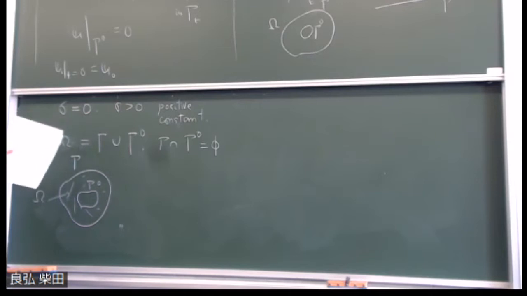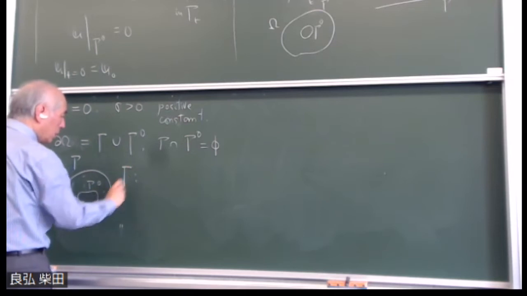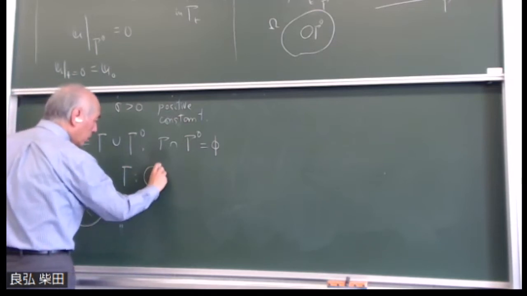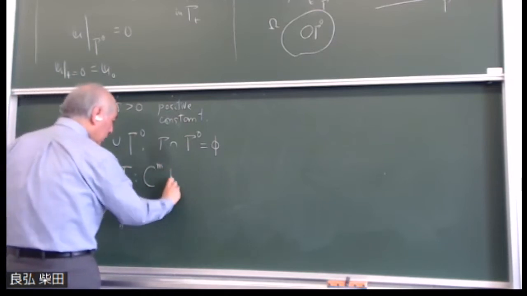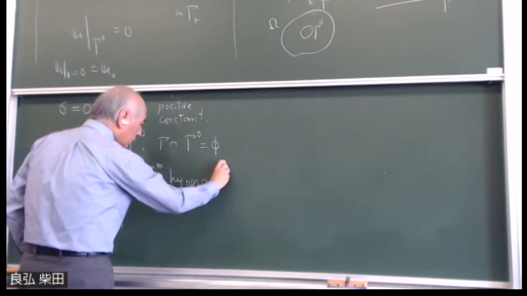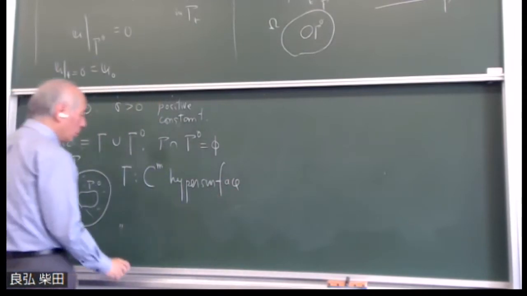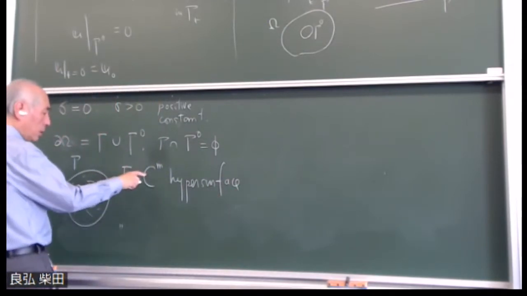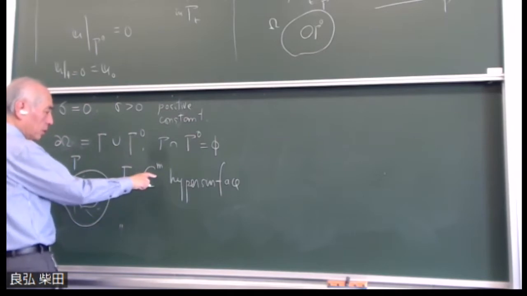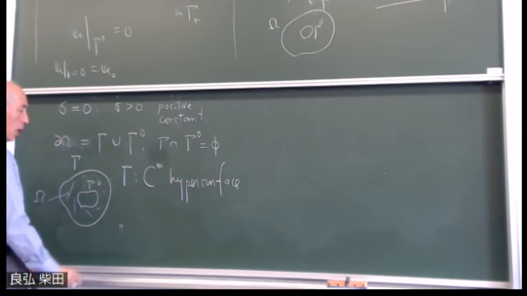And then here gamma, the free boundary part. Gamma is a C^m hypersurface, compact. I will give the detailed definition of this C^m hypersurface later.